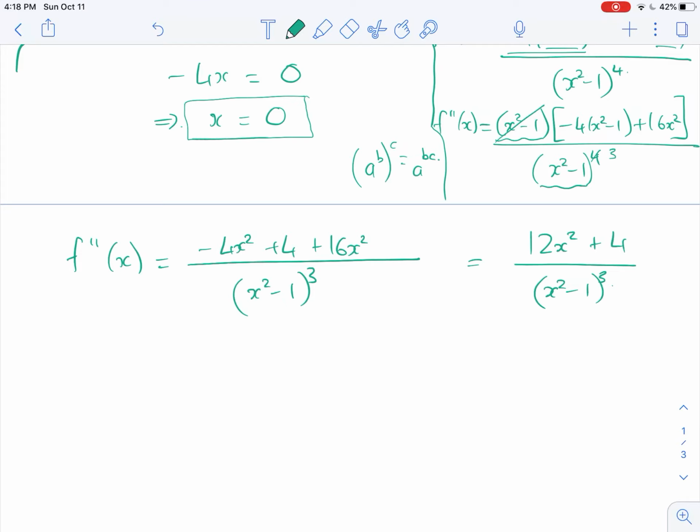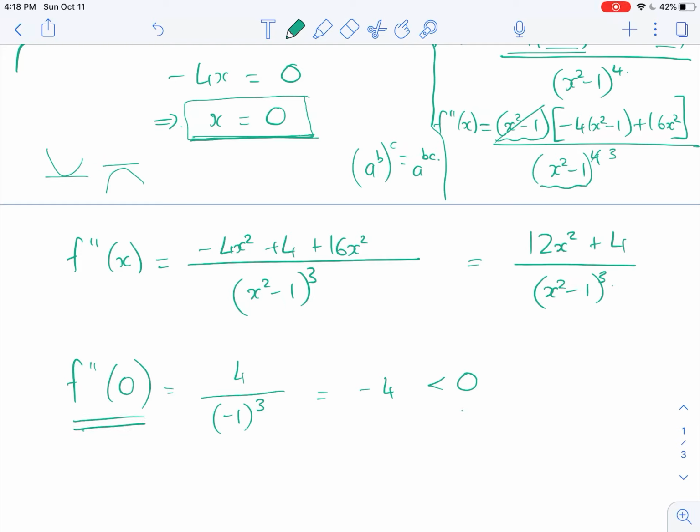But our aim here is to determine whether at x equals 0, where there's a horizontal tangent line, there is a max or a min. So we plug that value into the second derivative and we get 4 over minus 1 cubed, which is minus 4. In particular, it's less than 0.